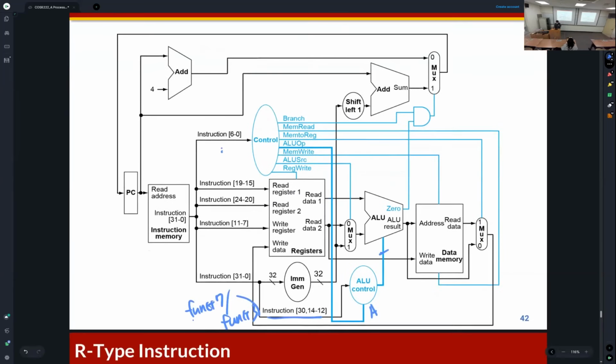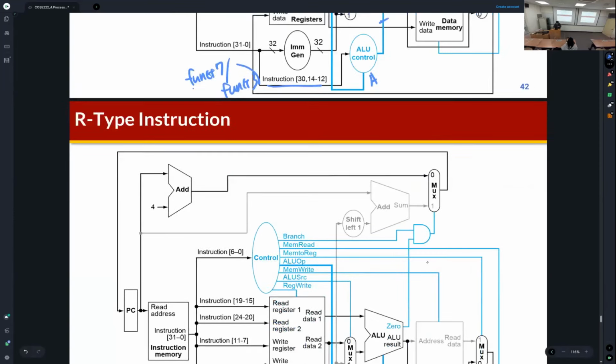You can find Branch, MemRead and MemtoReg, and some other control signals are also generated from the control unit. Also you can find that only the OP code field is given to this control unit, which means that these control signals can be determined by monitoring the OP code field of the instruction.